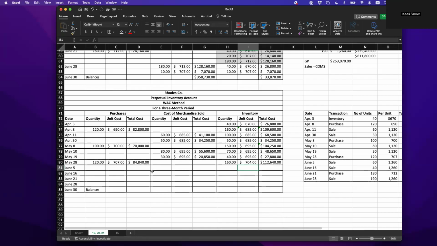On June 5th and 16th, we're going to sell 60 and 40 respectively, which means in that order. The first 60, 704, $42,240. If I had 160 and I sold 60, I have 100 left at 704.